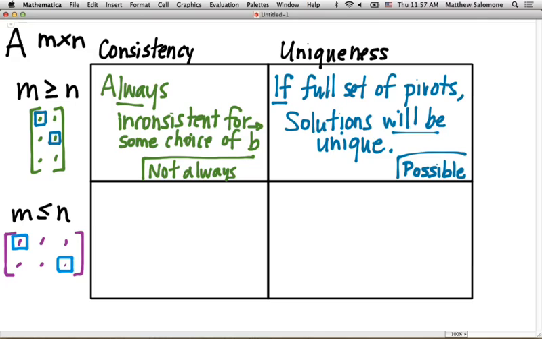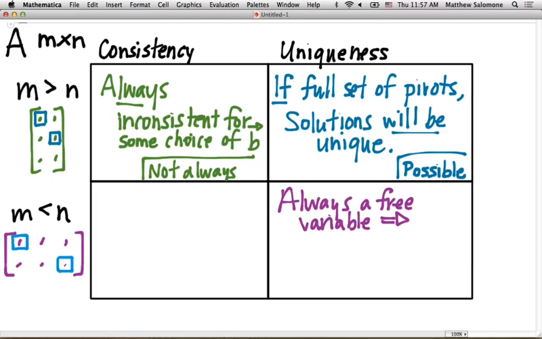as long as we have more columns than rows, so maybe I should be extra careful here. If I want to make this table as useful as possible, let's just restrict ourselves to a rectangular system, m strictly greater than n or strictly less than n, so that our square matrices are not on this table. So as long as I have more columns than I have rows, there will always be one column, at least, that doesn't have a pivot. And so there is always a free variable, one or more free variables.